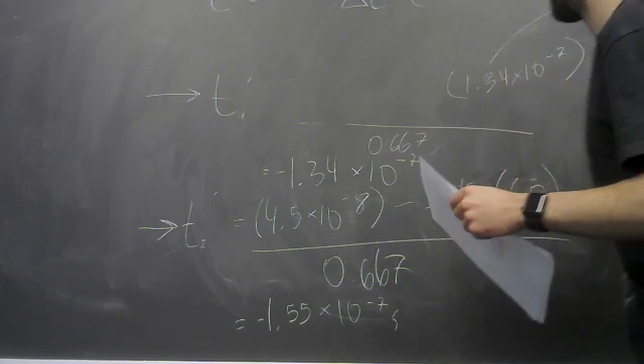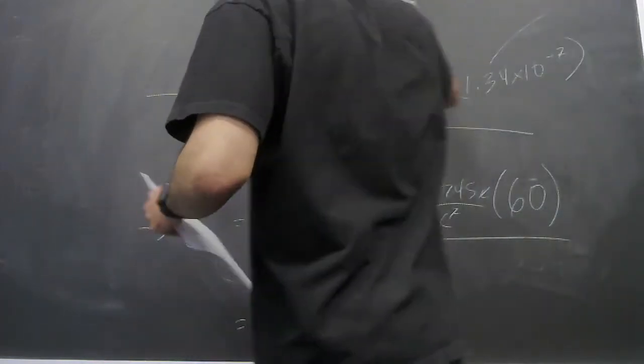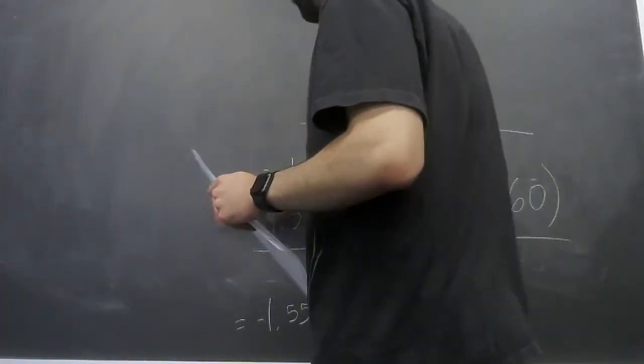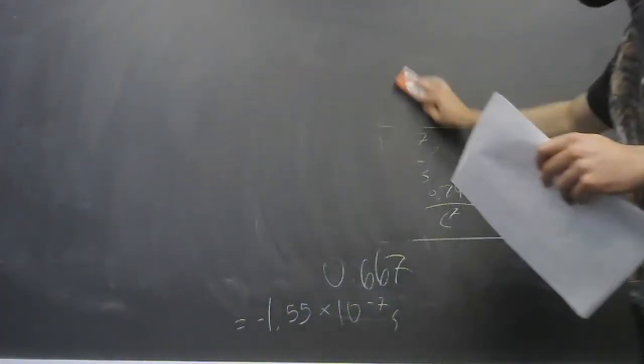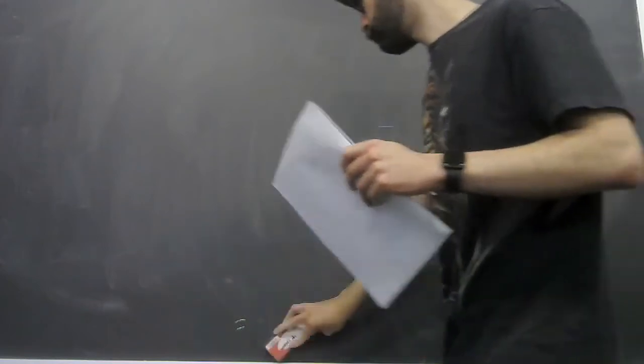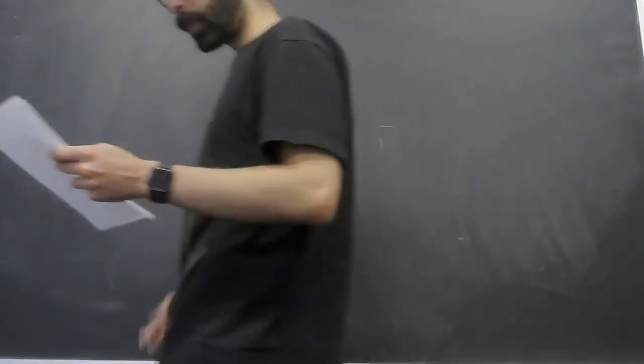Let's check out number 3. Let me just erase. All right, so number 3 here, we have a fish that lives exactly 10 years.